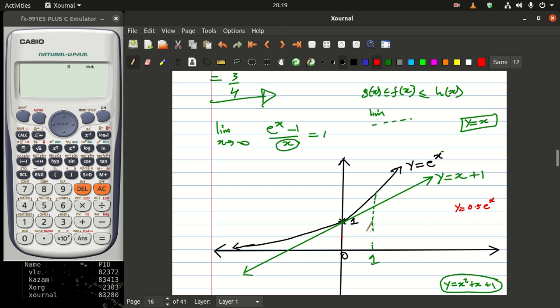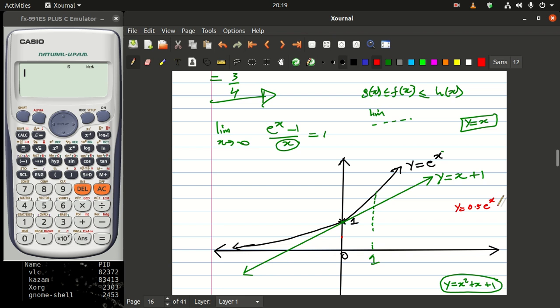We are shrinking that particular function, shrinking it to about half, which means we are compressing it by a factor of 2. So this is actually not going to be a good function, because I want a function that is going to pass through that point here. So I cannot have this one.